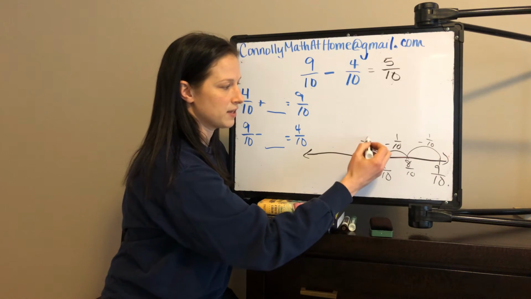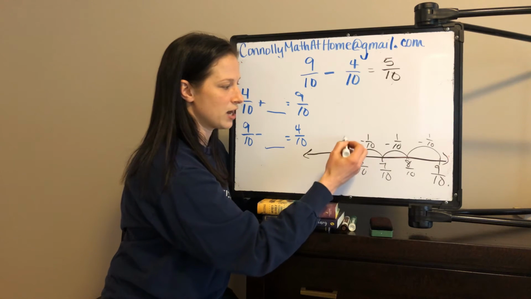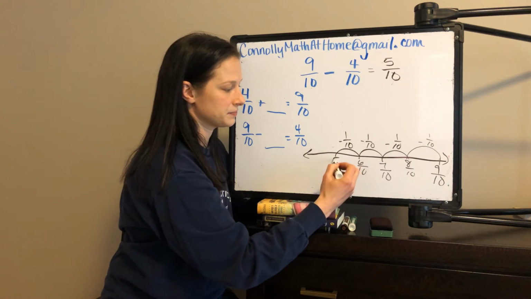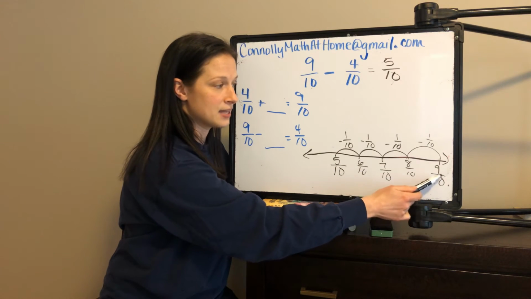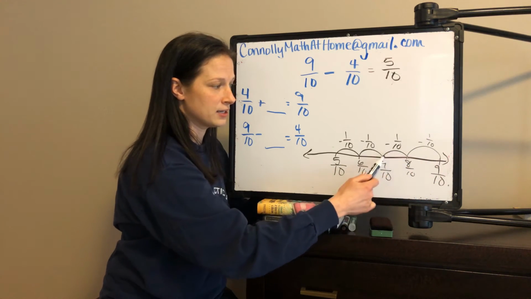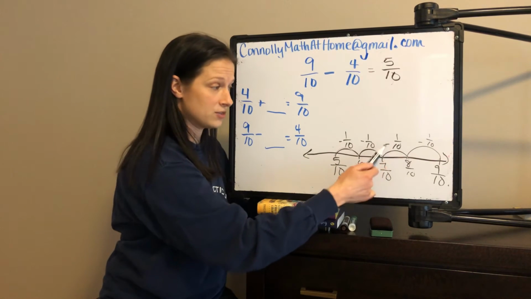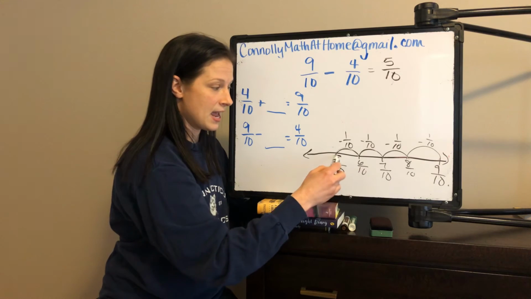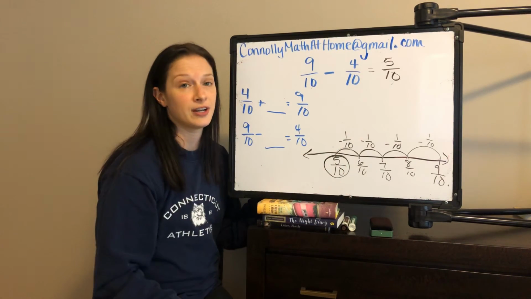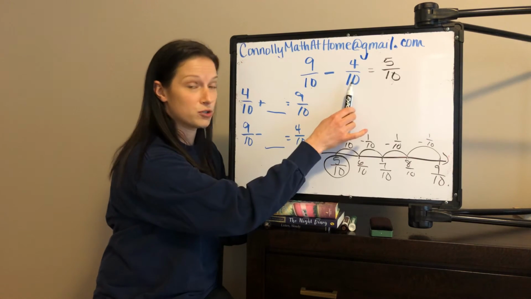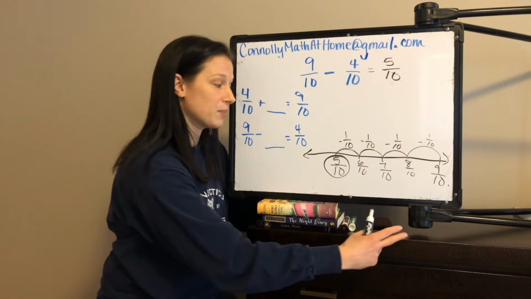I'm going to subtract my third tenth, and I'm going to subtract my fourth tenth. So I see that I started with 9/10. I subtracted 1/10, 2/10, 3/10, 4/10, and I ended at 5/10 after I started with 9/10 and subtracted 4/10. Okay, so that's one way to show it on the number line.